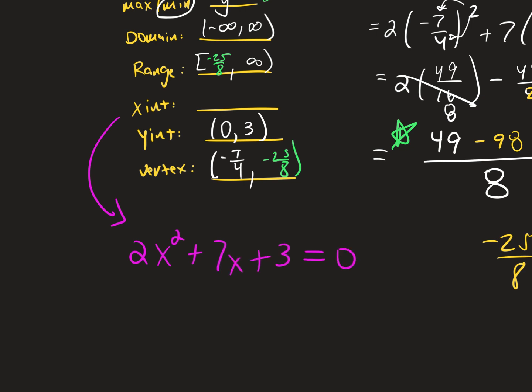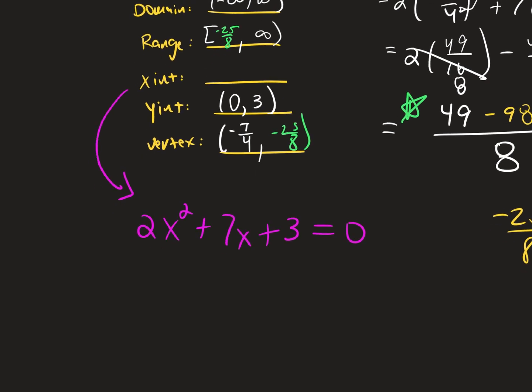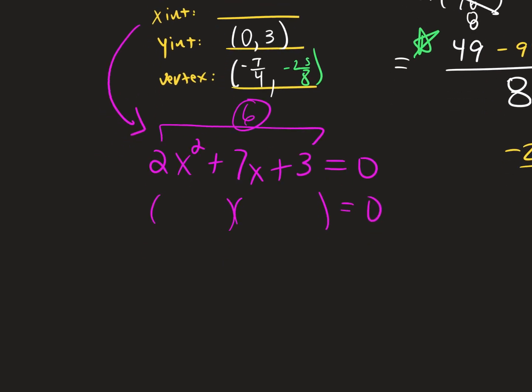Guys, what are we going to end up doing here? We're going to factor. Very good, Alyssa. So 2 times 3 is 6. What are the factors of 6 that multiply to give me 6 but add to give me 7? So multiply to give me 6, add, yes, x plus 6, x plus 1. Now my a term is not 1, so what do I do with it?